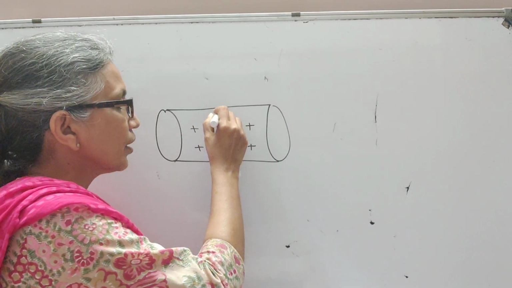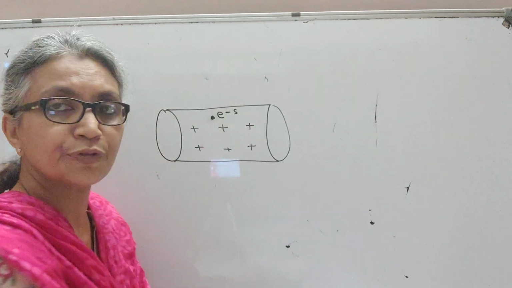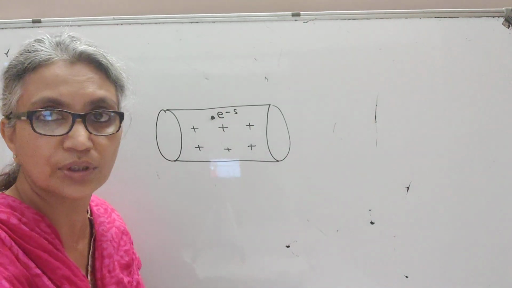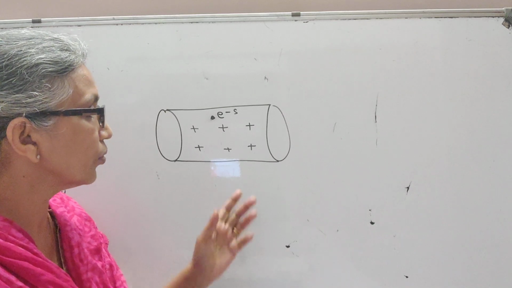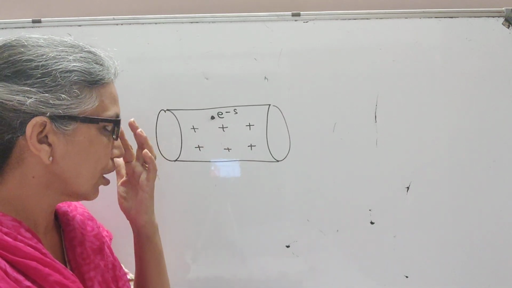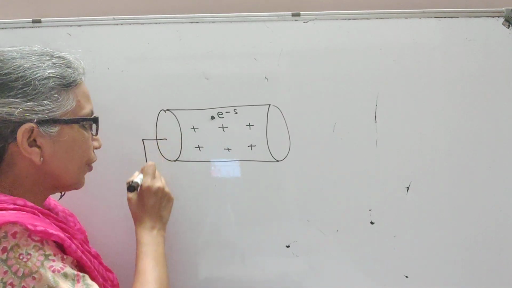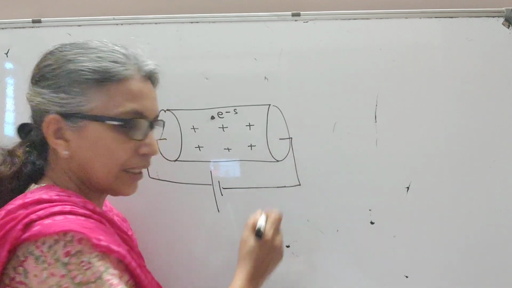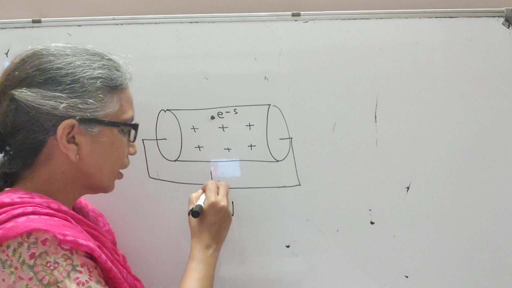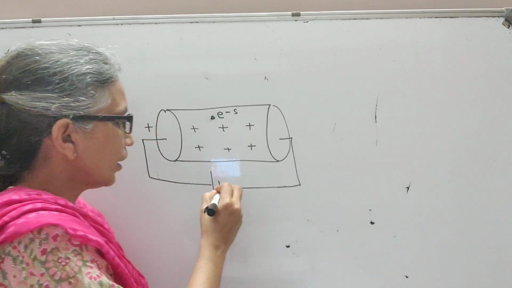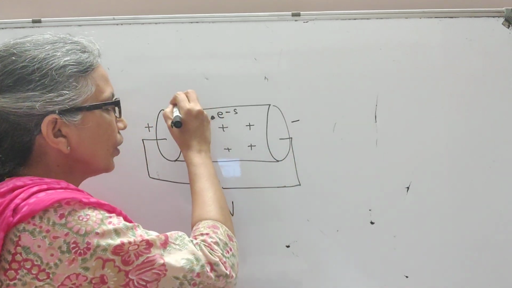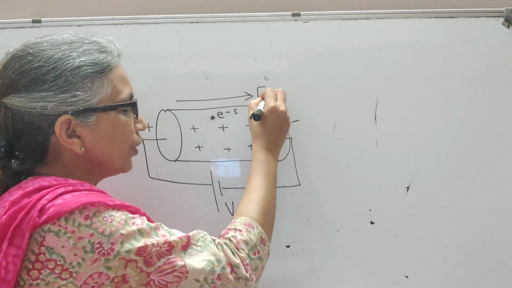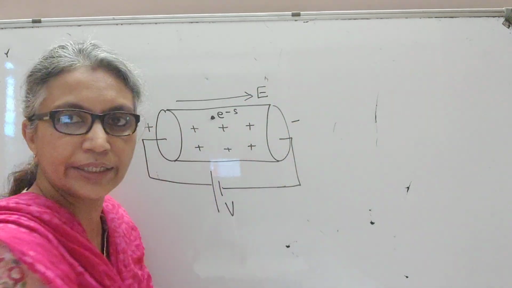Any good conductor has free electrons which are free to move, that means they are free to conduct electricity. Now, on the application of an electric field, suppose you connect it to the terminals of a battery of voltage V, with this end positive and this end negative, we are applying an electric field directed from the positive to the negative.